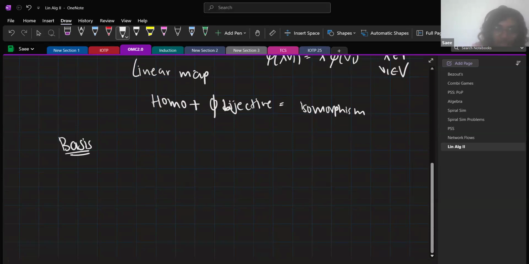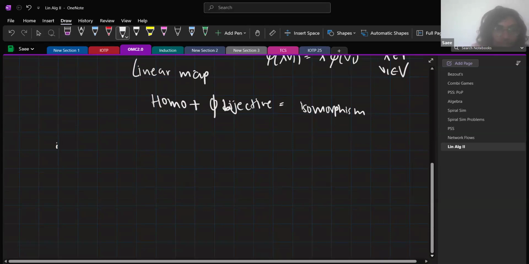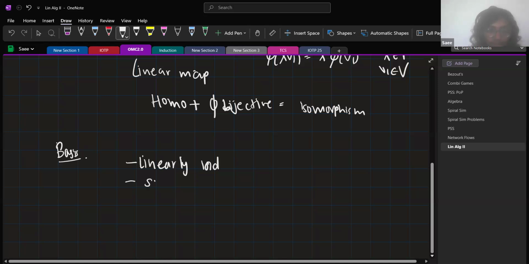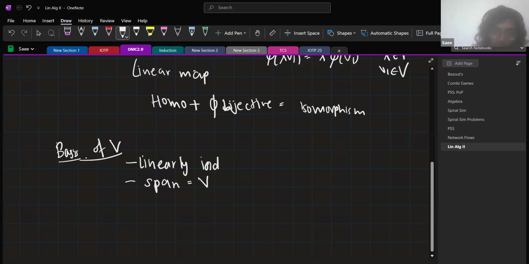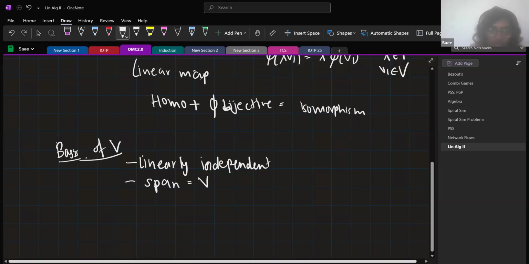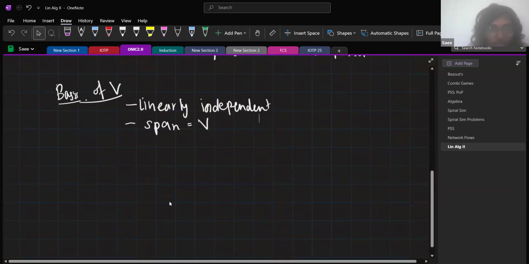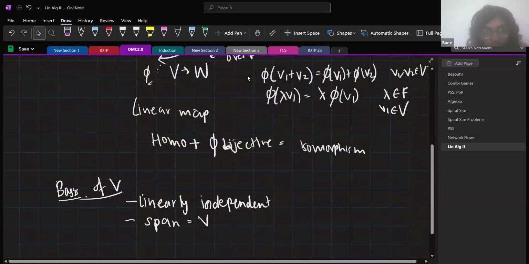A basis of V is essentially a set of vectors that are linearly independent and span V. Would you want me to go over any of these definitions, or is this okay so far?